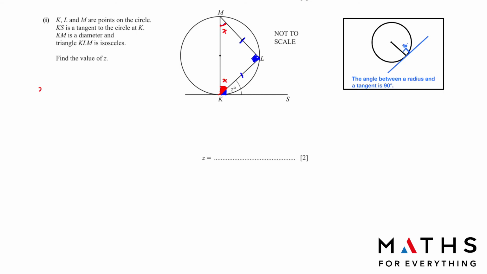So x plus x plus 90 degrees is equal to 180. So 2x is equal to 180 minus 90, which is 90, and then divide by 2. So it is 45 degrees. This angle here is 45 degrees.